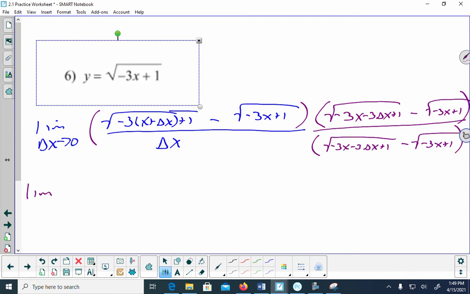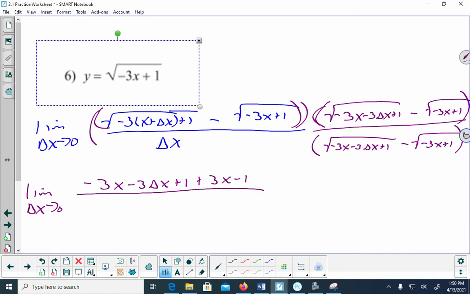So here I'm going to take the limit as delta x approaches 0. So now when I multiply this times this, the radicals go away, so I have negative 3x minus 3 delta x plus 1. Distributing that negative sign, plus 3x minus 1, all over delta x times, and then nothing changes.